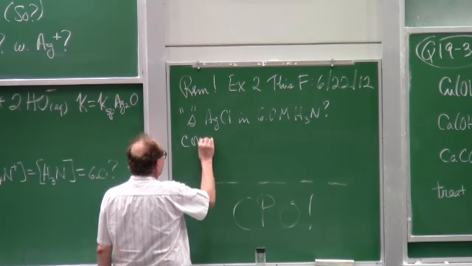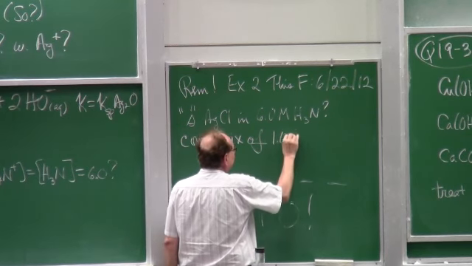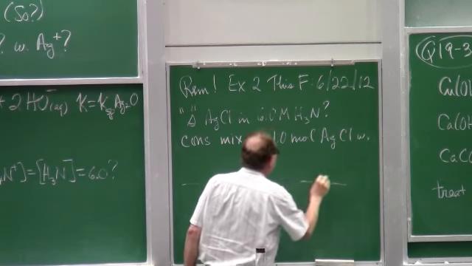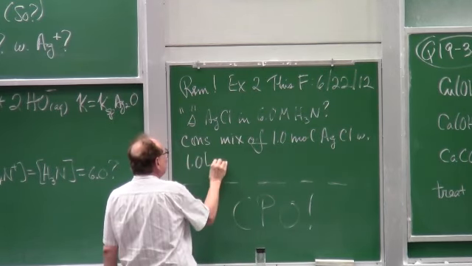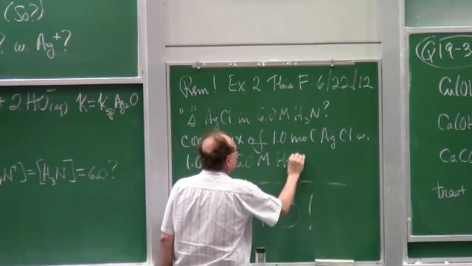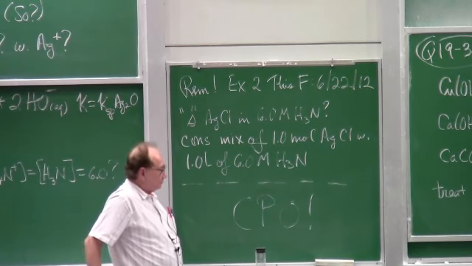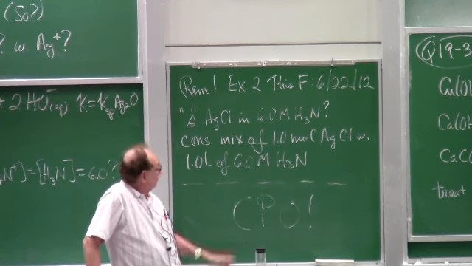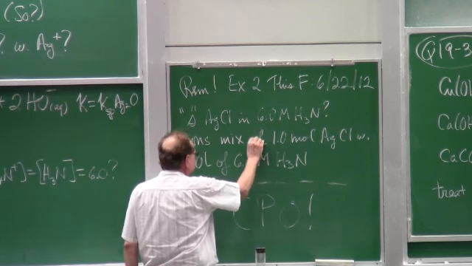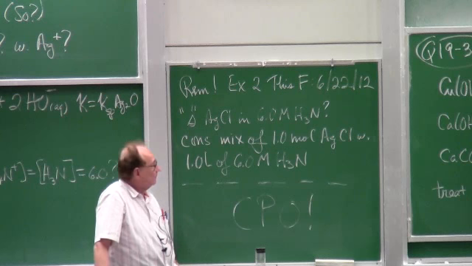Consider a mix of 1.0 mole silver chloride with 1.0 liters of 6.0 molar ammonia. We're going to imagine treating 1.0 mole silver chloride with 1.0 liters of 6.0 molar ammonia.